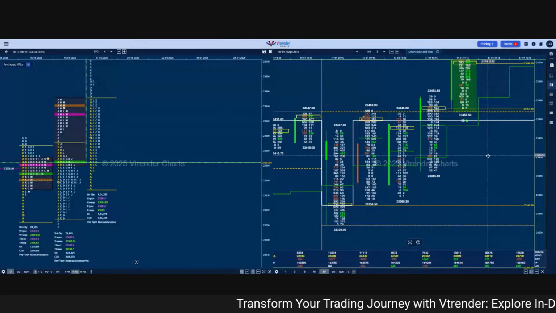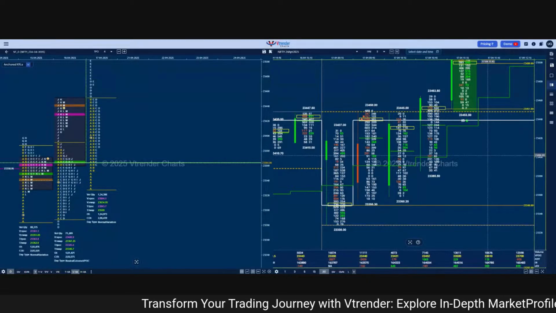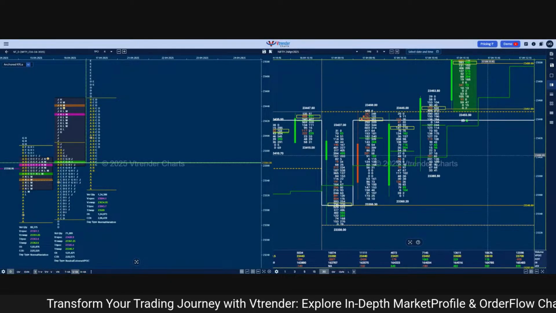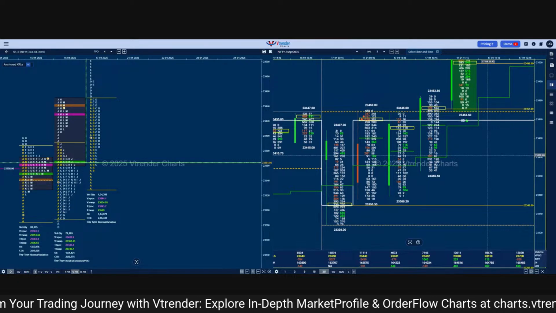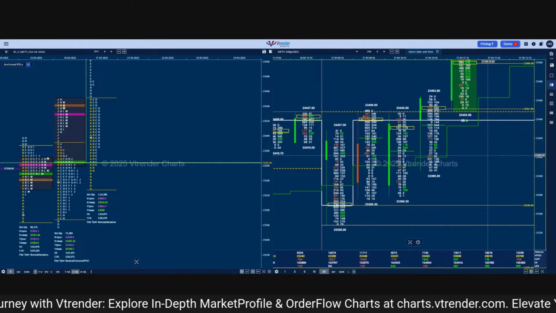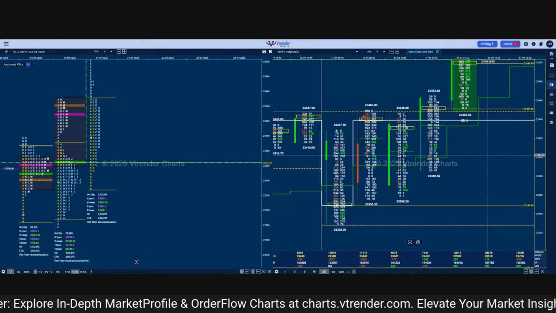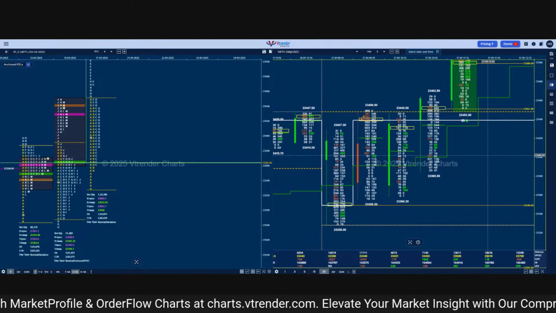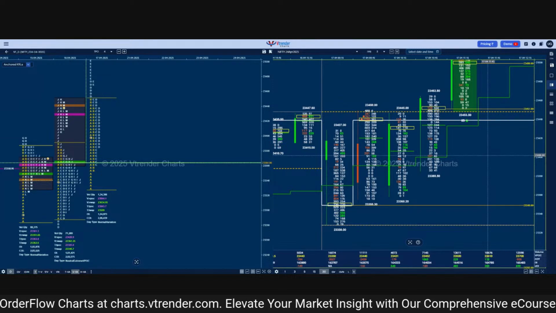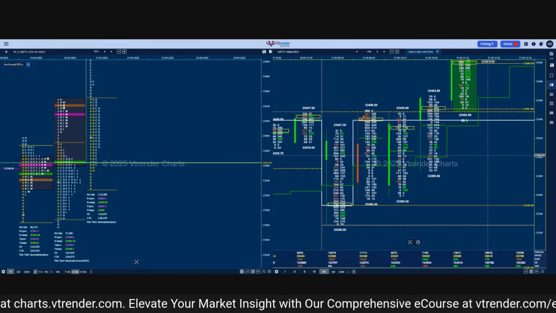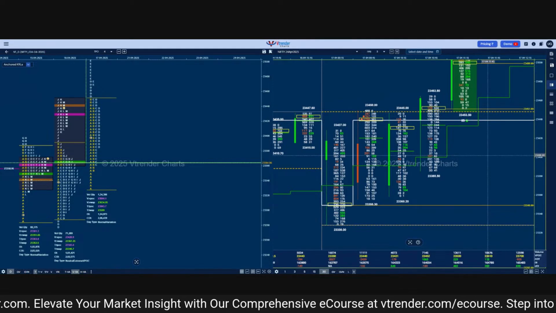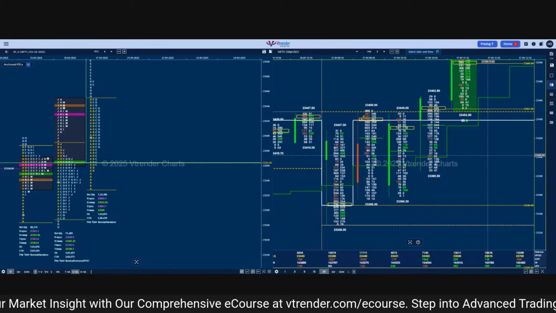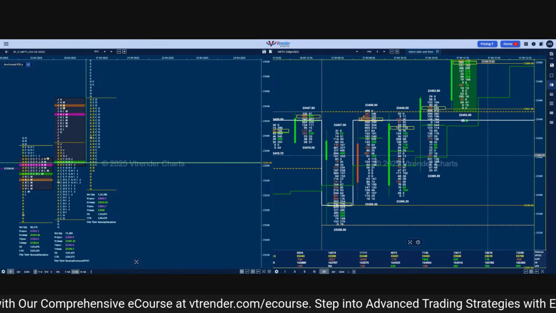So the bias was to the bullish side with a stop loss below the failed auction. You can give a 20-point filter in case of Nifty and a 50-point filter in case of Bank Nifty when you're looking at a failed auction on the intraday basis, because a failed auction is not a shorter term reference but a 5-day reference. So we can give a little bit of leeway when we are looking at the levels.